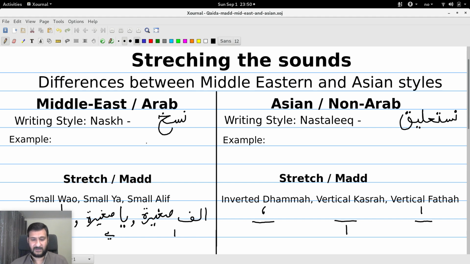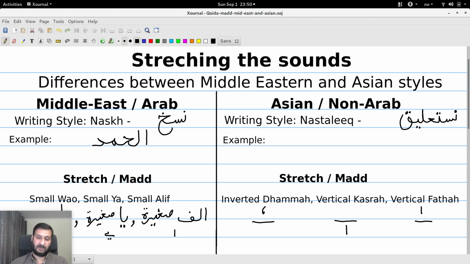So an example of the Naskh way would be, let's say I'm going to write Alhamd, which is the first word of Surah Fatiha. Alhamdulillahi Rabbil Alameen. How would Alhamd be written in Naskh? It would be written like this: Alif, Lam, Ha, Mim, Dal, Alhamd.